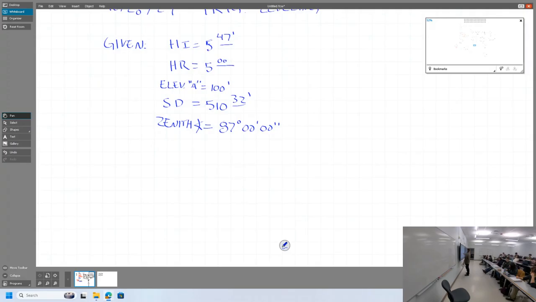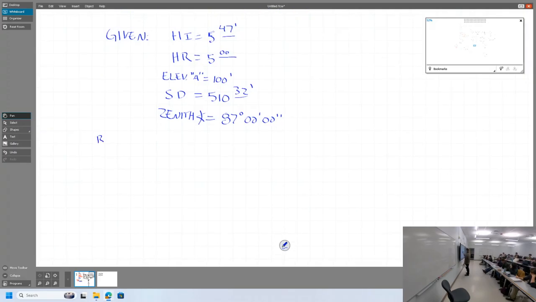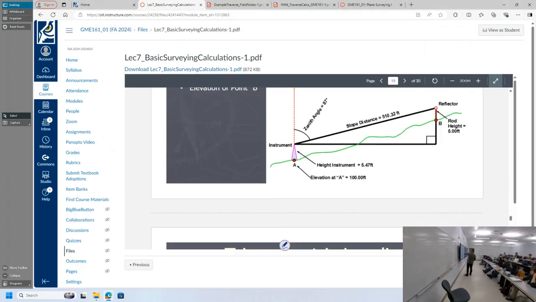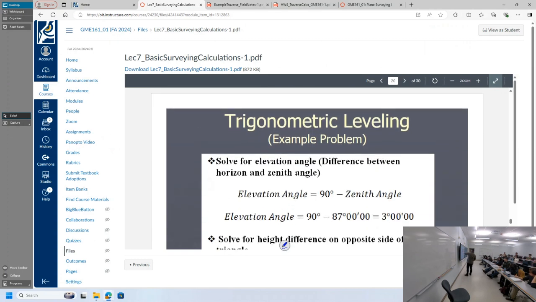So again, going back to what is required: we need to find the elevation of B. We have all our given information. We know what we have to do here. Now it's just applying the formulas.